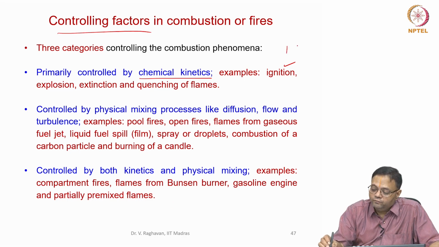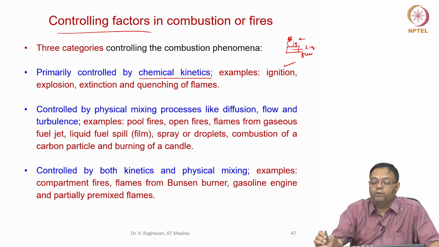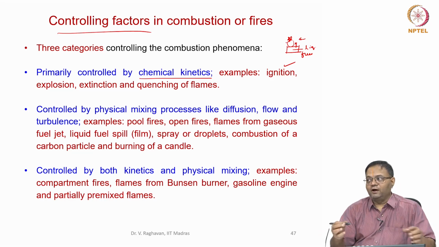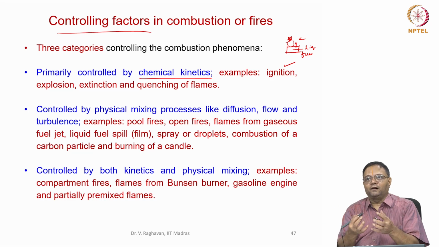Because if you have, say, a pool of liquid fuel and it vaporizes, it forms a mixture. So vapor comes out, air comes in and forms a mixture. When you ignite this mixture, basically a flame forms. So now we are talking about premixed combustion, where the fuel vapor has mixed with the air and a reactant mixture is formed, which is ignited.